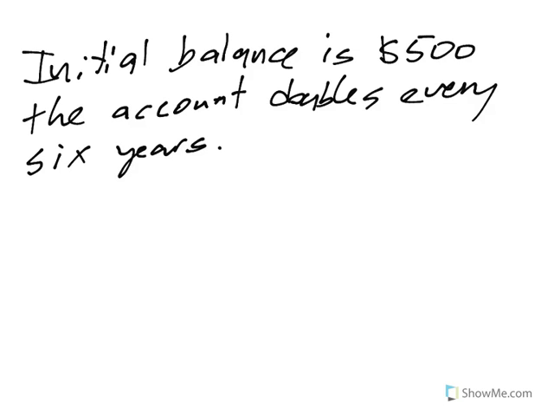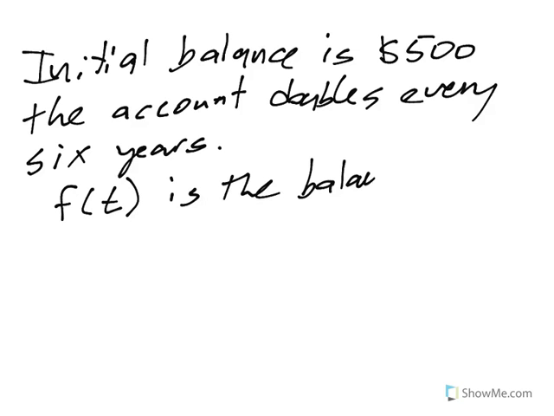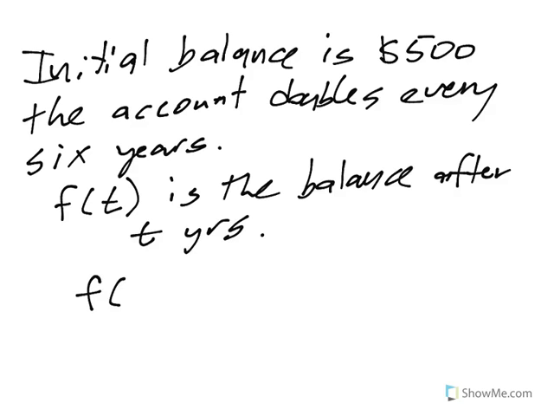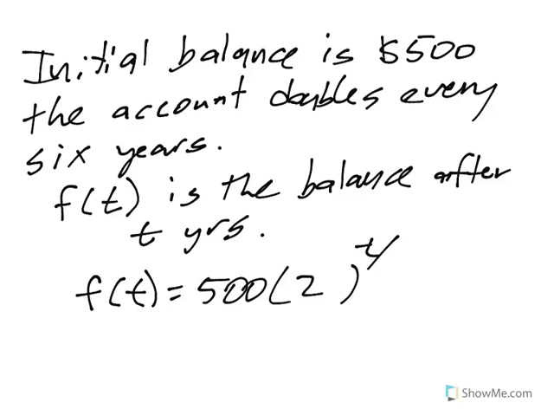Then you can say that, okay, so if f of x keeps track of the balance, or let's use t because it's time in years, so f of t is the balance after t years, then f of t is just the exponential function that starts at 500 and multiplies by 2 every 6 years.